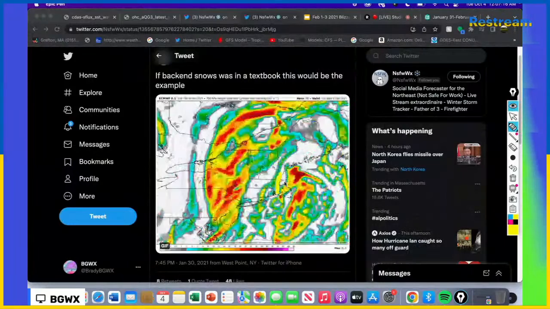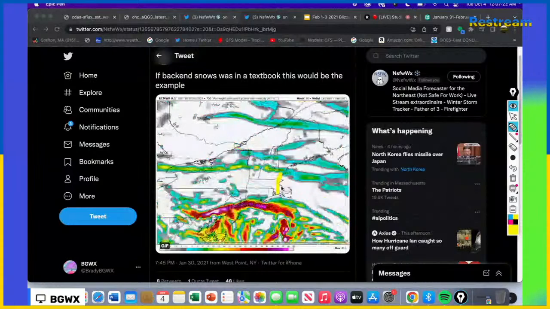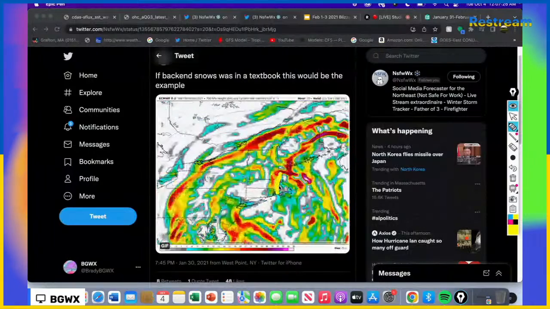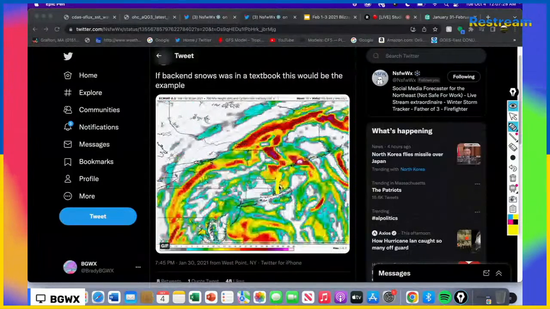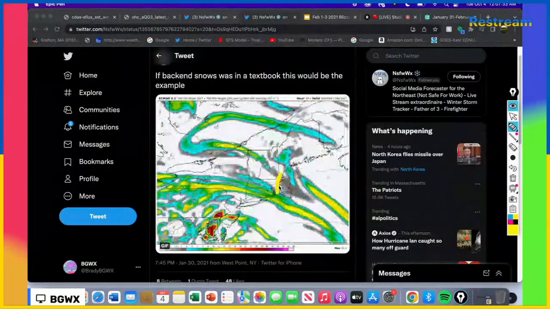Here, the coastal front just sat about 5 miles inland and shunned Boston and southeastern Mass from really getting into some significant totals.